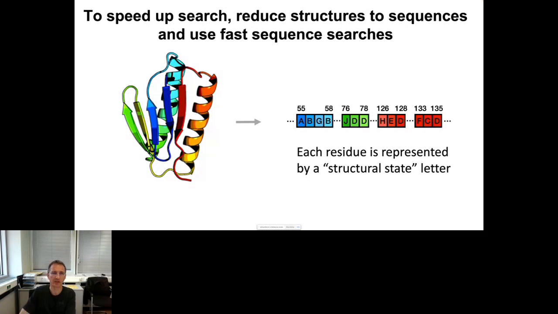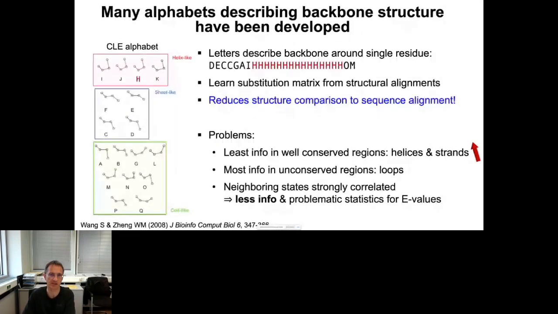So this idea has, as I said, been proposed quite a time ago, and since then many of these alphabets have been proposed, and they have one thing in common: they all describe the backbone of the protein. They are basically refinements of the secondary structure alphabet with just 3 states.